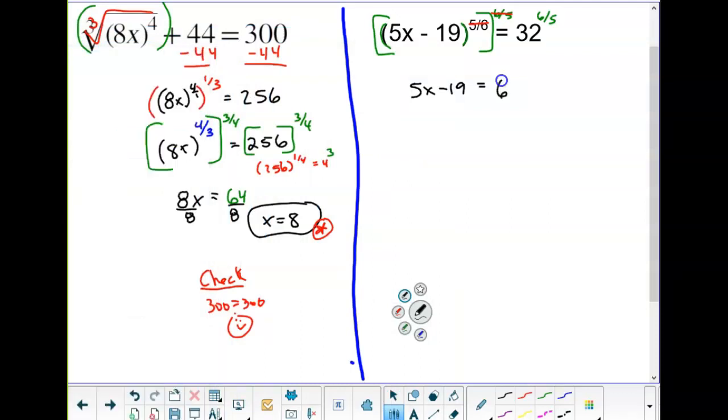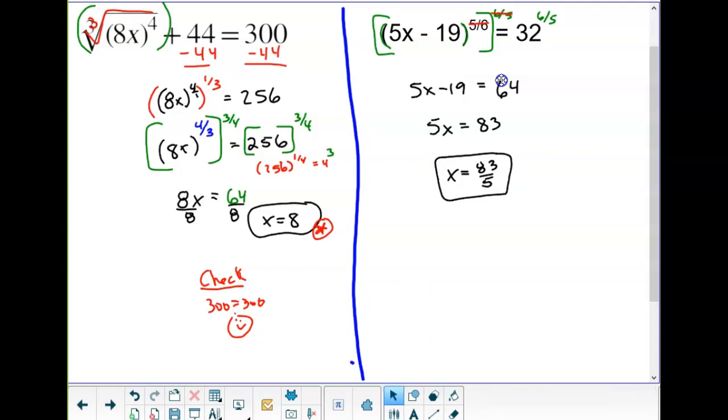But that turns into 64. And then I have to add 19 and divide by 5. Now, I know right away that 5 doesn't go into 83, so leave it. It's okay to have a fractional answer.